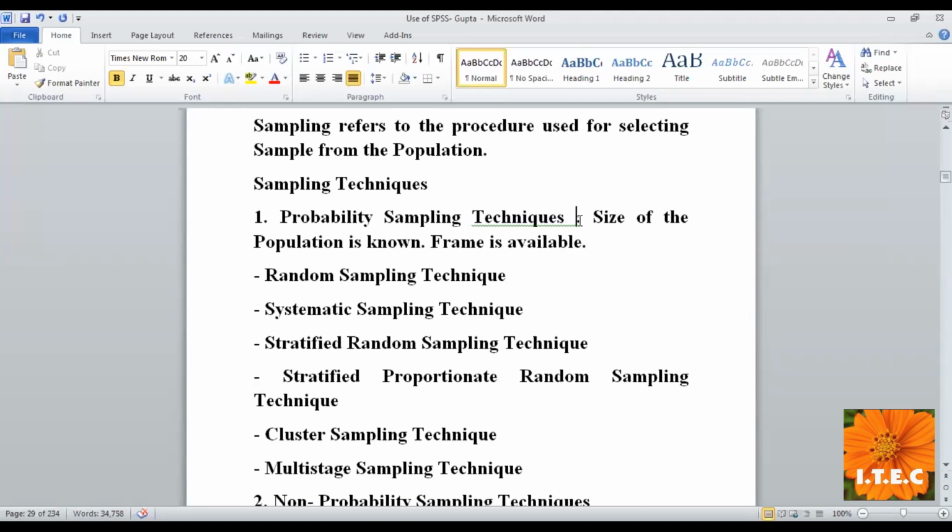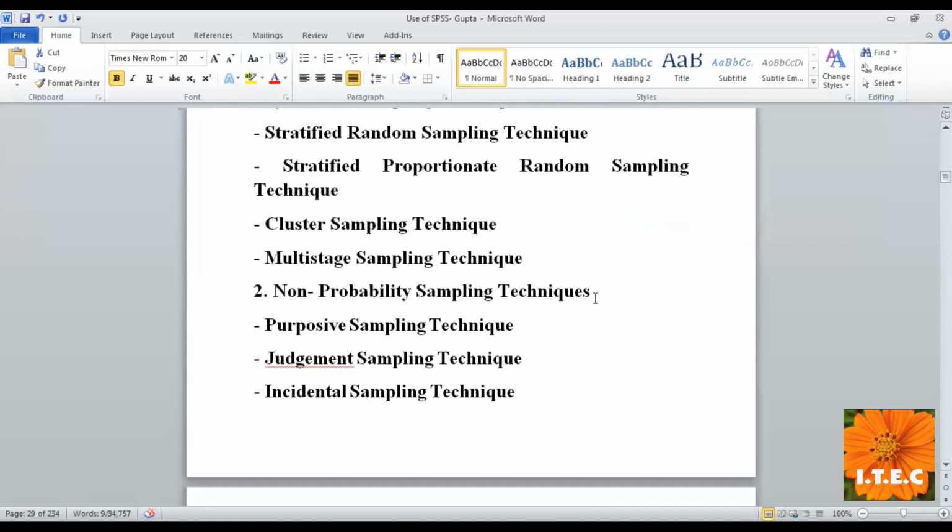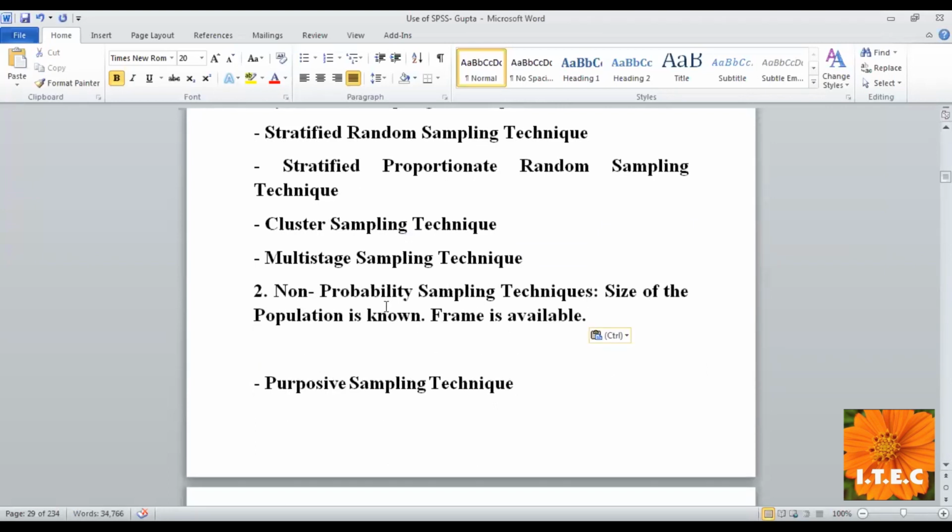If the frame is not available, then you do not know your total population. So if the frame is available, then you must use the probability sampling technique. And if the size of the population is unknown, therefore, the frame is not available.